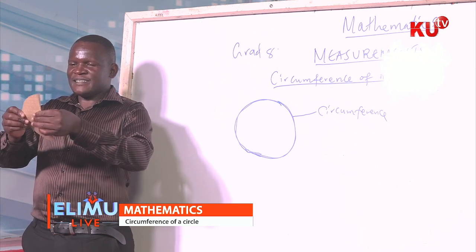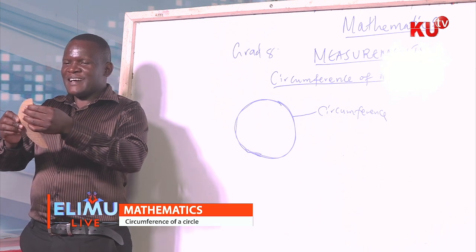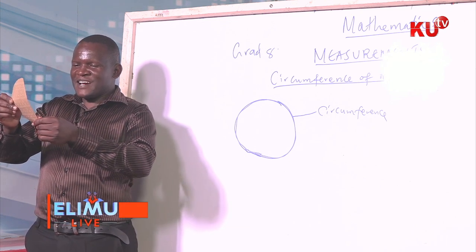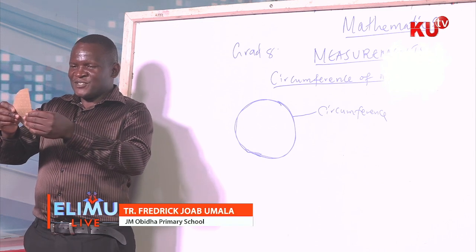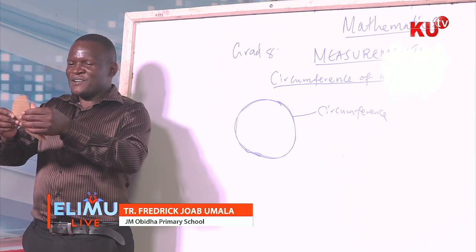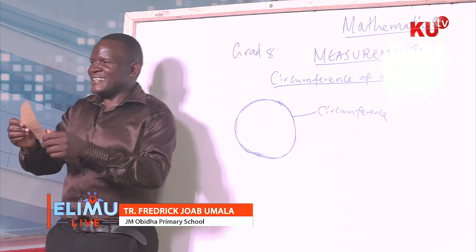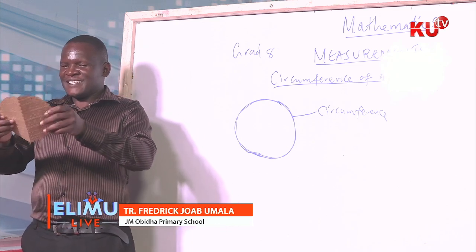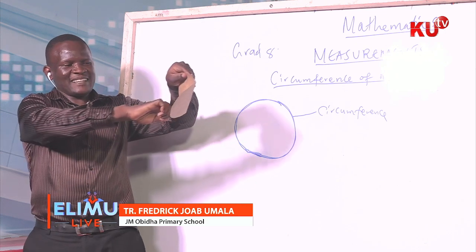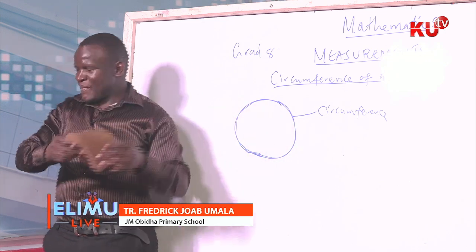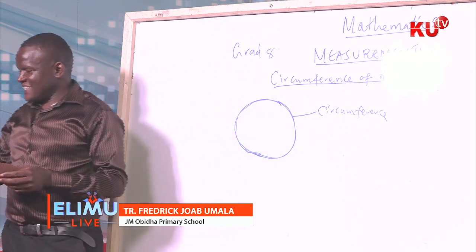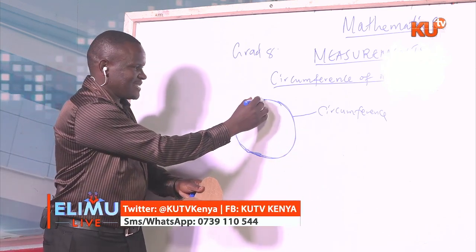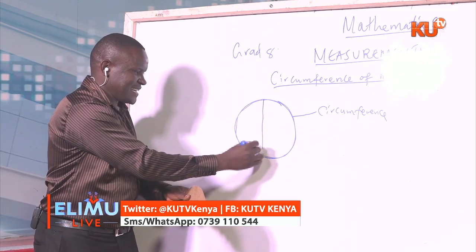I'm folding the circular paper into two equal parts, and underline the word equal parts, so that the line in the middle passes directly at the center. After folding, the line passing at the center is known as the diameter.